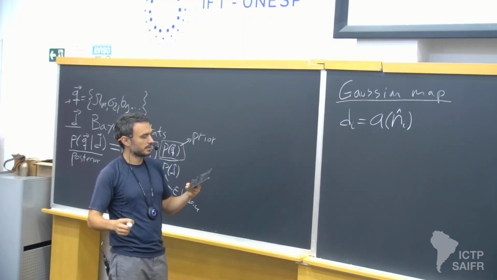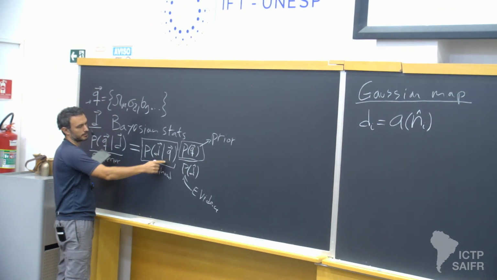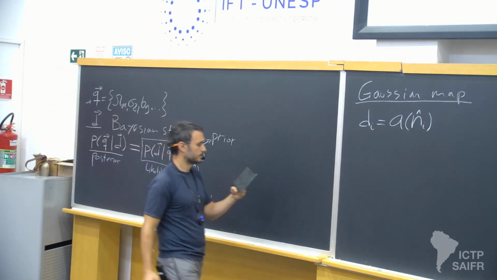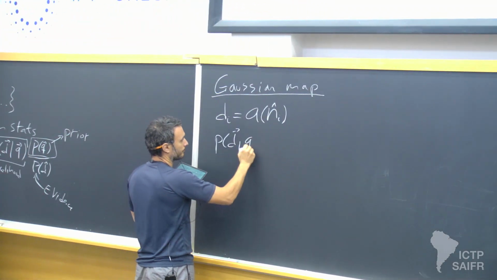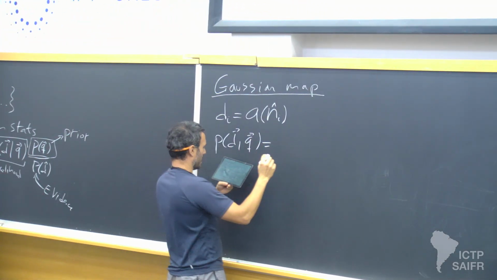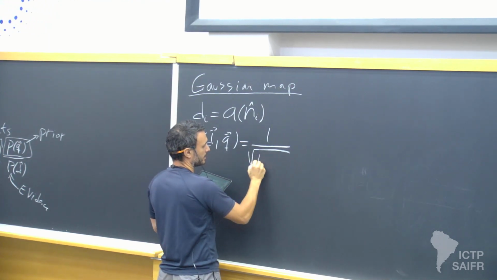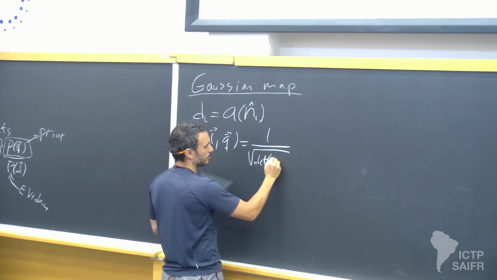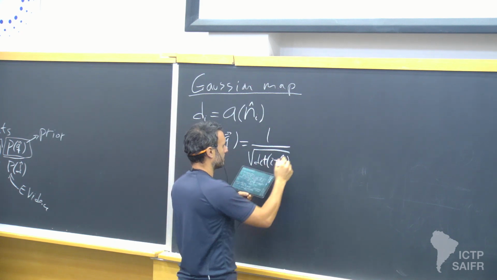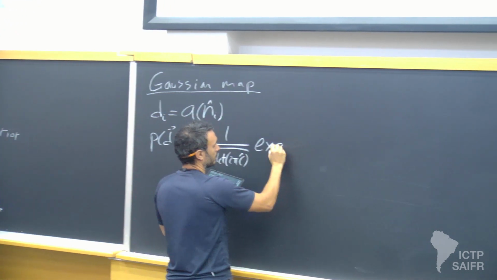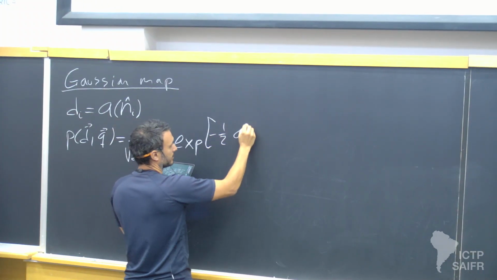All right, so if we know that the map is Gaussianly distributed, then the likelihood function, the probability of our map given some parameters, is just a Gaussian, right? So in this case, the likelihood P of A given Q would be a multivariate Gaussian: 1 over the square root of the determinant of 2 pi times C, where C is the covariance matrix of our data, times the exponential of minus 1/2, A as a vector.